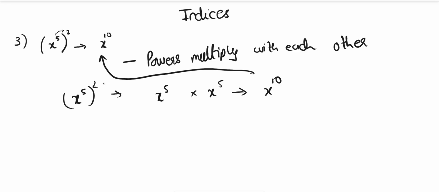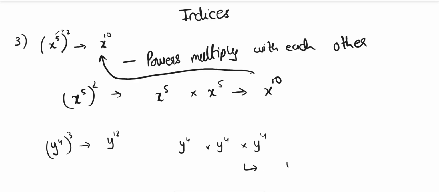Let's say I am writing y raised to the power of 4 raised to the power of 3. Now, simply it can be written like this as well. But let's try to expand it. We have the same basis, powers are going to add up, right? Absolutely.